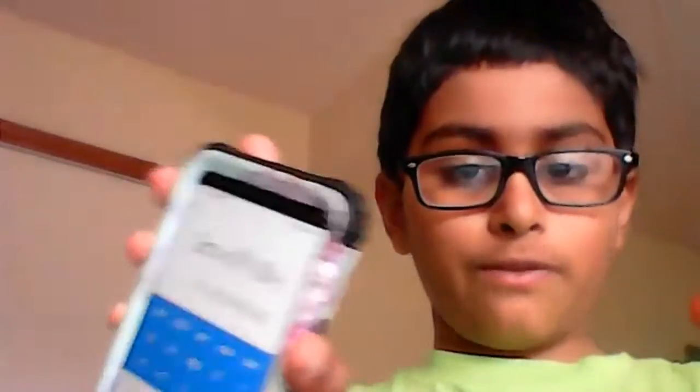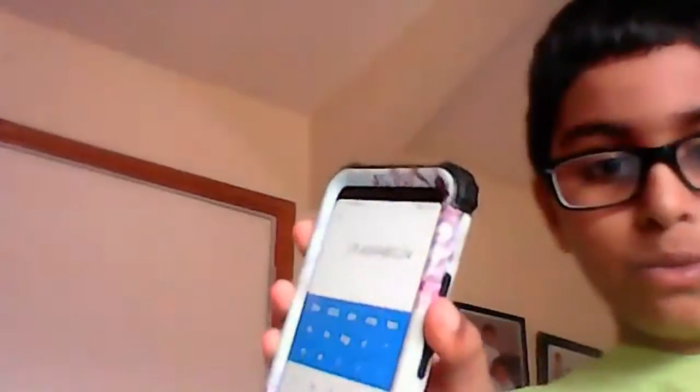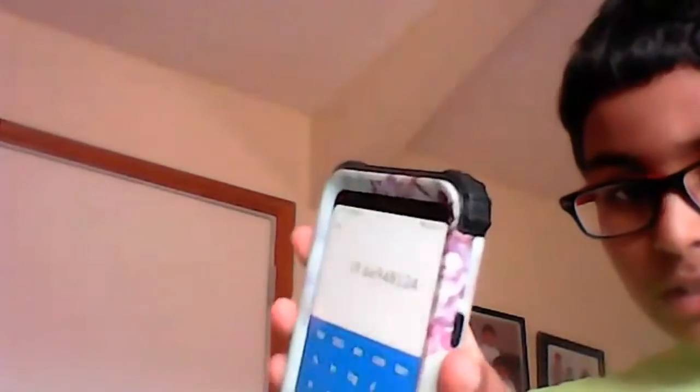Okay, then we're going to say divided, that's just like a fraction, divided by the length, which is 1 meter in this case. There we go. See it? Okay. Now we'll say equals, we get 19.66948124. We're just going to round it to the nearest tenth, which is 19.6.